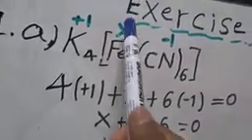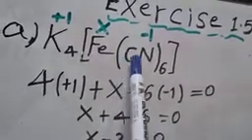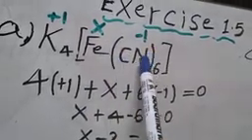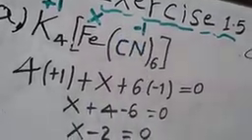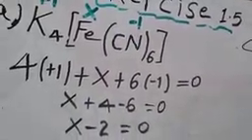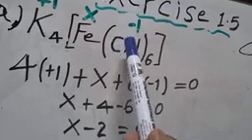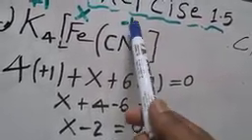Iron is unknown, symbolized by X to be calculated, and the cyanide ion has a radical charge of -1, because in the cyanide ion carbon forms a +4 oxidation state and nitrogen -5. The summation of +4 and -5 becomes -1, and there is a subscript to multiply.